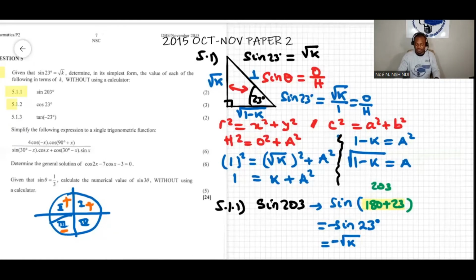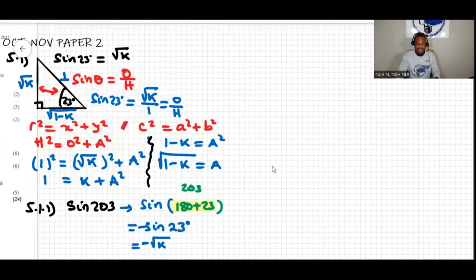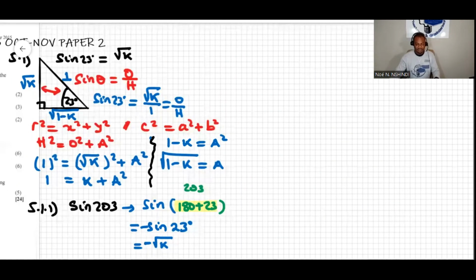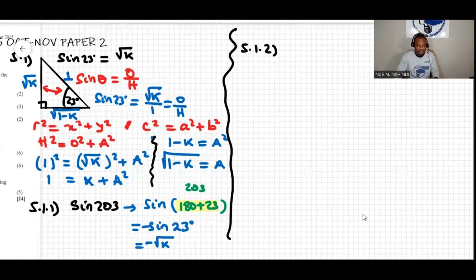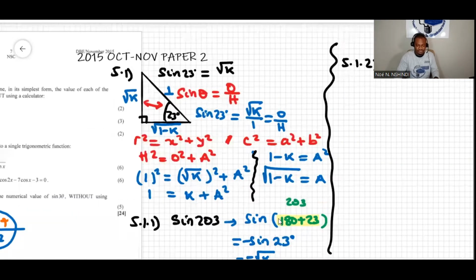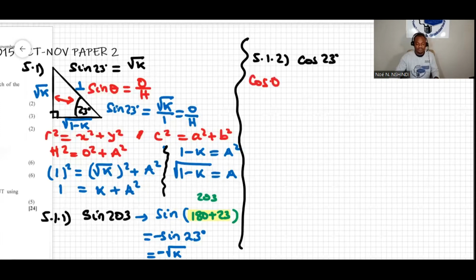Now let's do 5.1.2: cos of 23 degrees. I'm going to do that with the help of the triangle diagram I drew earlier. We need to find cos of 23 degrees. By definition, we know that cos of the angle theta is equal to adjacent over hypotenuse.